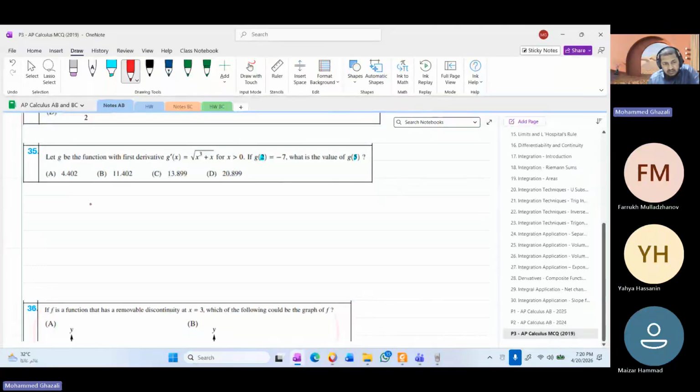Remember, this is using the fundamental theorem of calculus. The integral from a to b of f of x dx, or in our case g prime of x dx, will give you g of b minus g of a. It's going to give you the bigger function, since the antiderivative gives you g.